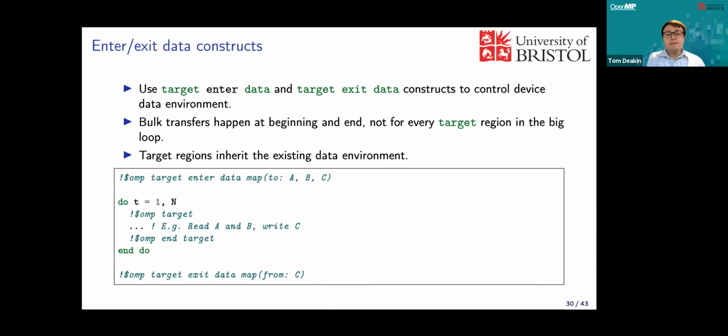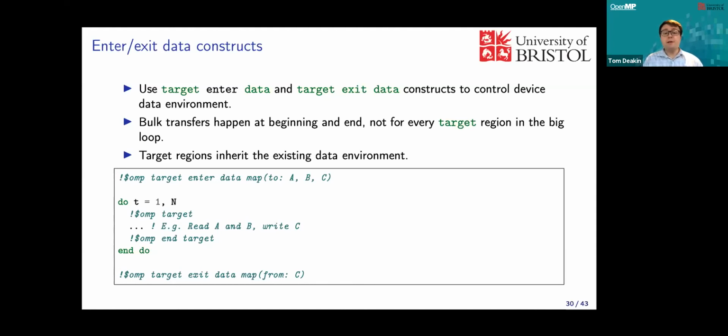We have our time step loop, this do loop over T. Inside that loop we have a single target region that's going to be executed once for every iteration, so we're going to have n target regions launched. Now we want to keep those arrays A, B, and C, maybe our vector add, inside the device data environment for the duration of those target regions.